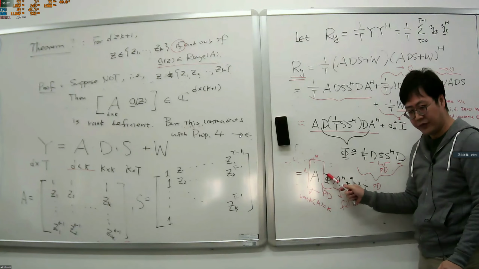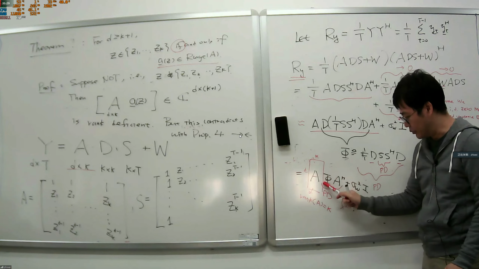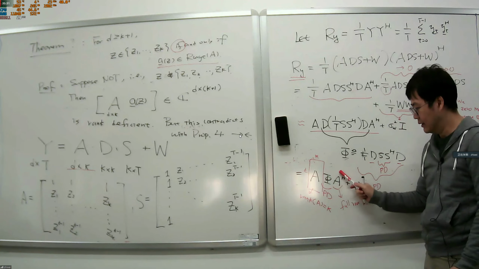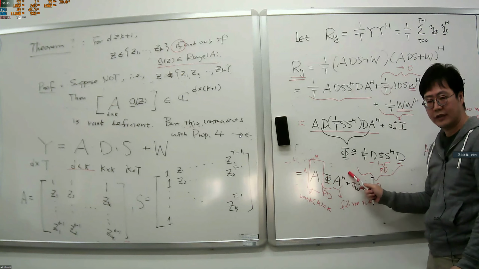Phi is PD, so invertible, so phi A Hermitian will be full row rank.